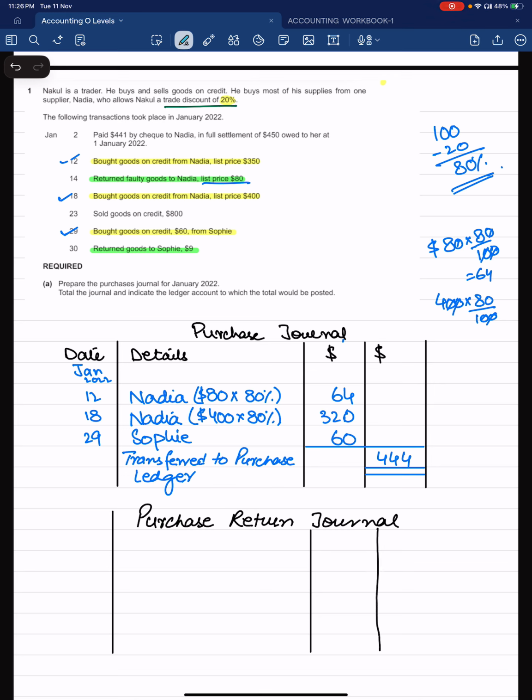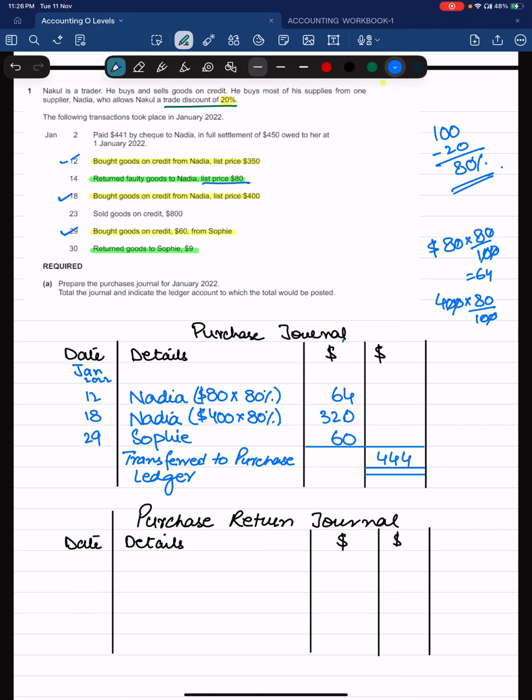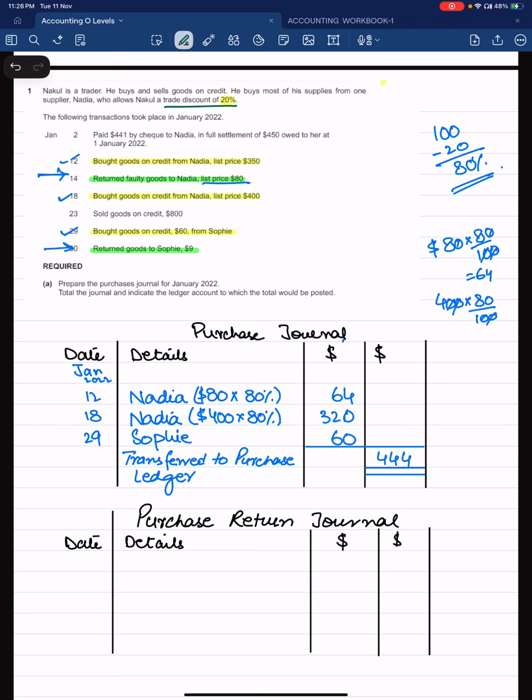Everything is the same except definitely the values, dollar sign, details, and first one is the date. Now, what we will do, we will just see the question, return faulty goods to Nadia, return sold goods यहाँ आएगा नहीं, return goods to Sophie, ठीक है?